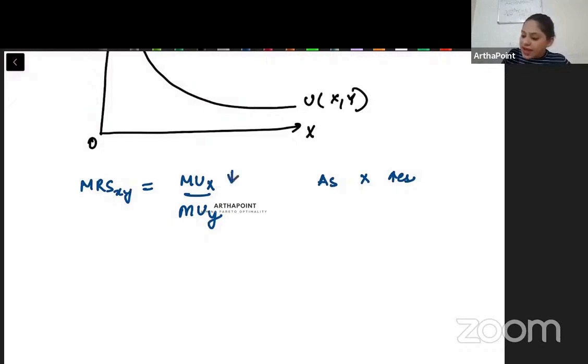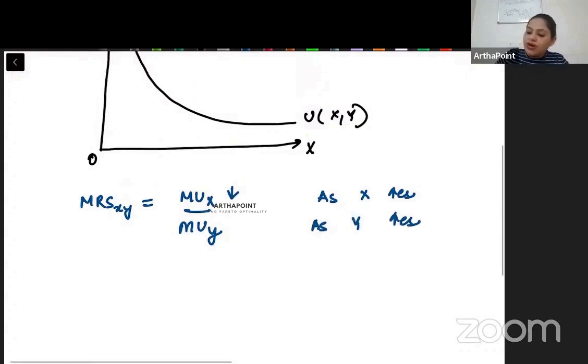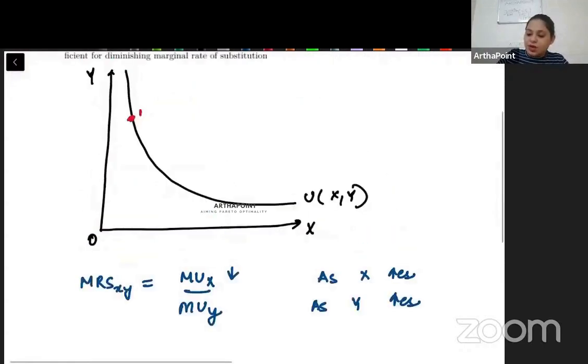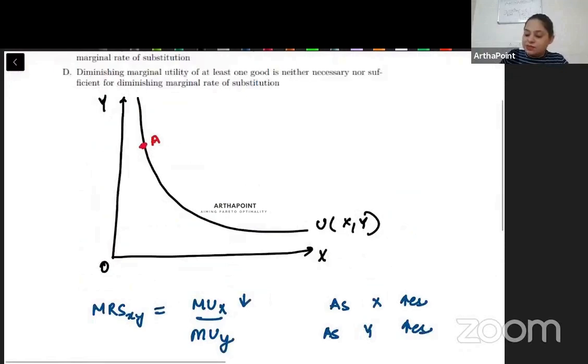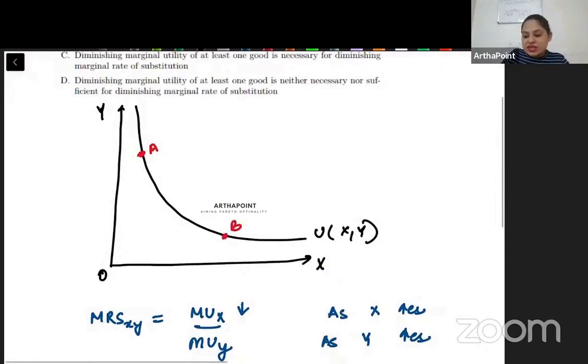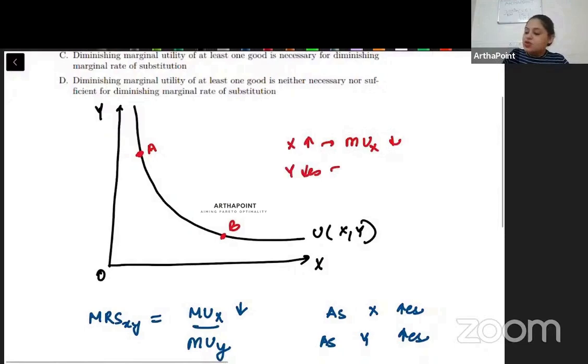And we know that as Y increases, the marginal utility of Y also decreases. So when I go from point A to point B, X is increasing, so its marginal utility decreases. Y is decreasing, so its marginal utility increases.